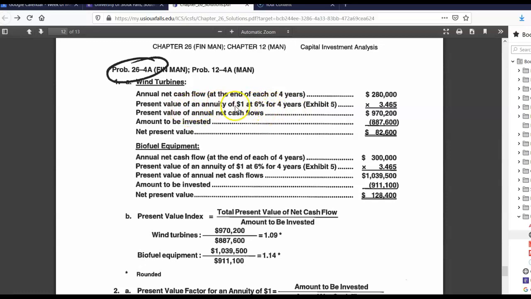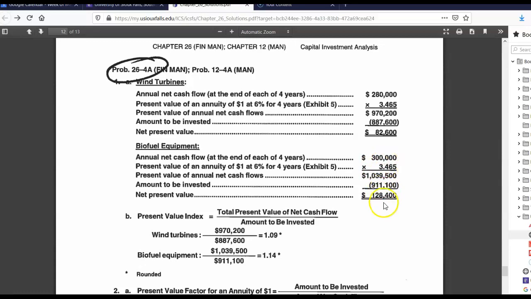We can go to the annuity table now, right? Exhibit 5, 6% for 4 years. You take it times the factor, and that gives you the summation of the present value of cash flows, 970,200. Take away the amount to be invested. Here's a positive 82,000.